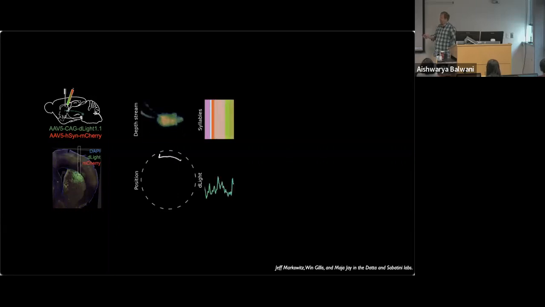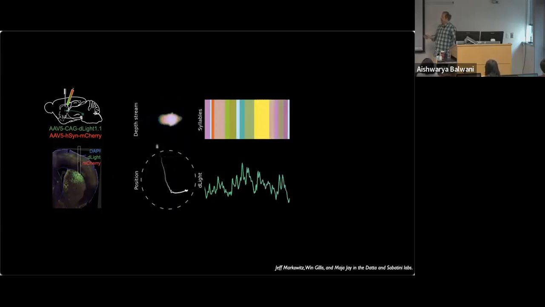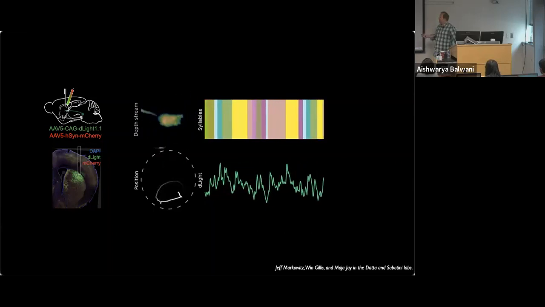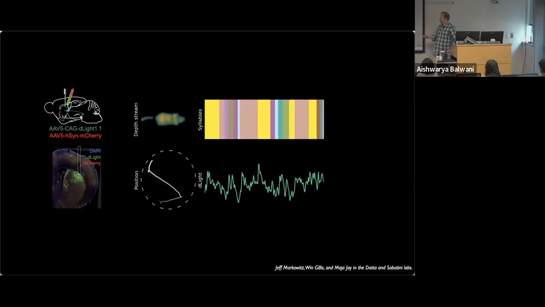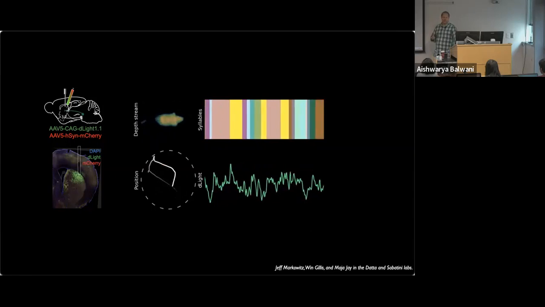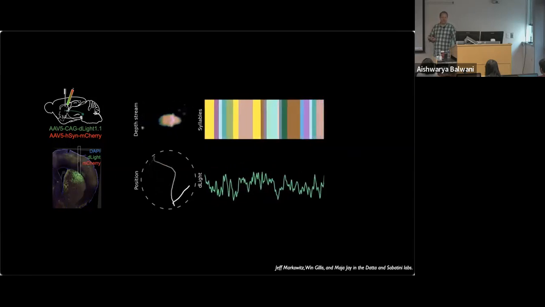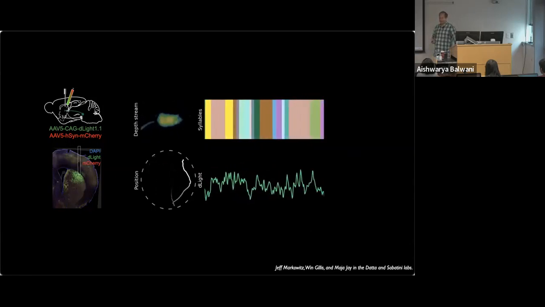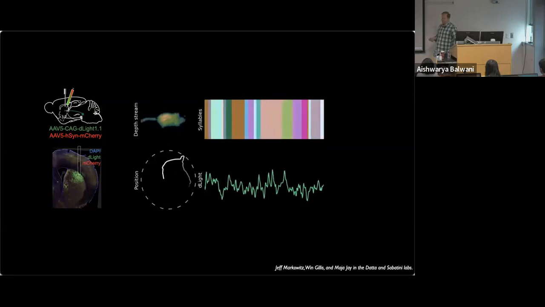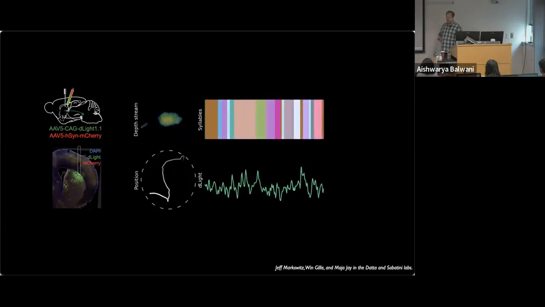So here what we get out is, again, similar. Here's the mouse running around. This time the cable is a lot smaller because this is just a fiber-photometry recording, but we get this one-dimensional trace that's correlated with how much dopamine is floating around in the vicinity of these neurons in the dorsolateral striatum, alongside the syllables that are being executed.